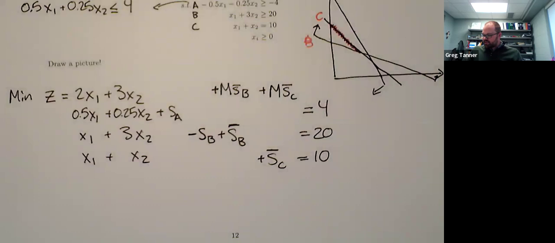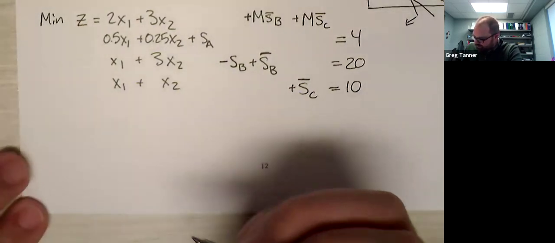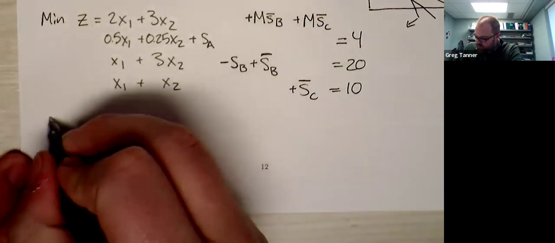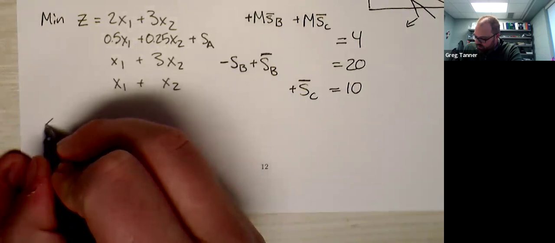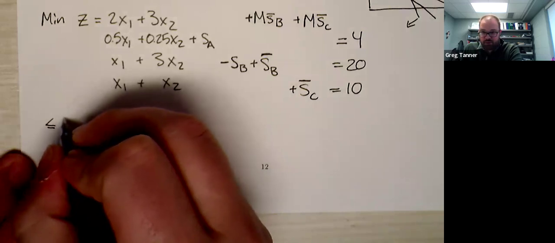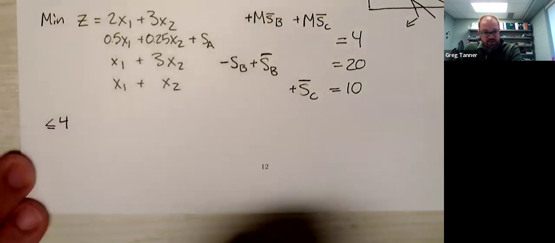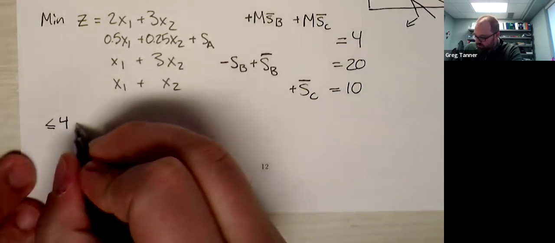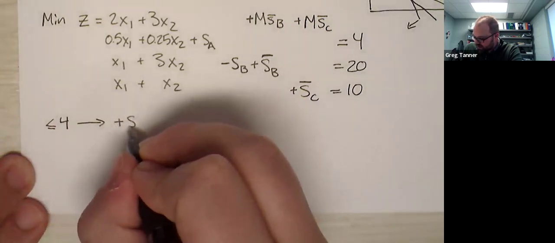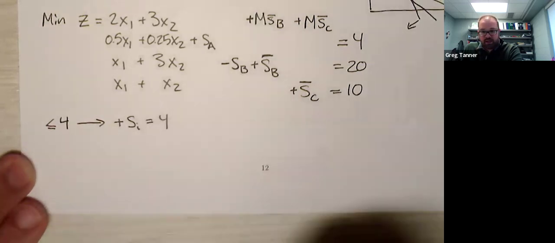Okay, maybe to summarize things here, I'll make you a little key. If you've got a less than or equal to constraint with a number, I'll just put a positive number in, knowing that you always need a positive number on the right-hand side. So if you've got a less than or equal to a positive number, that ends up being plus a slack variable, equal to that number.